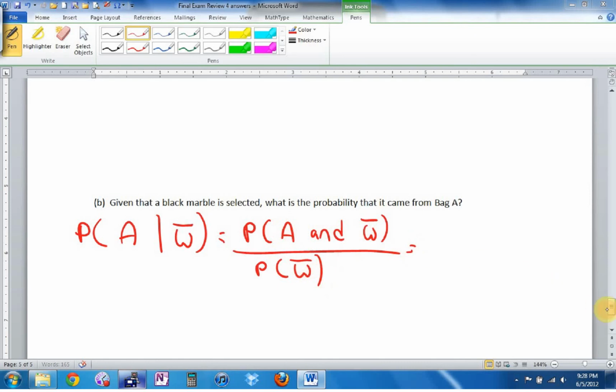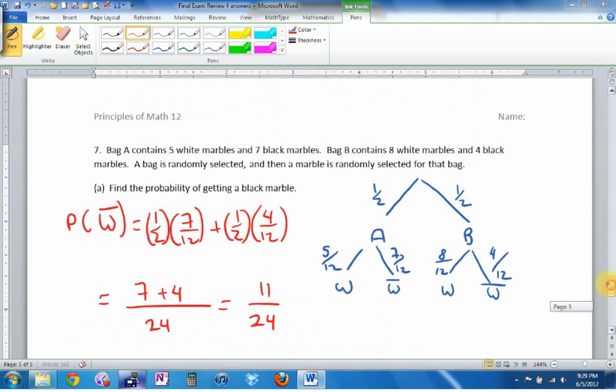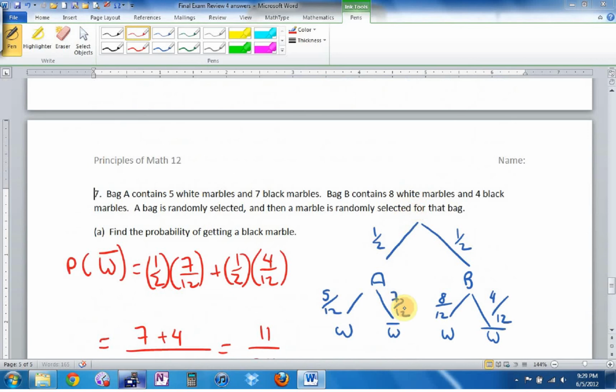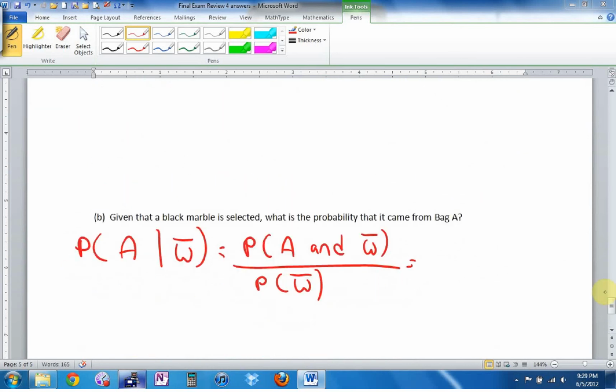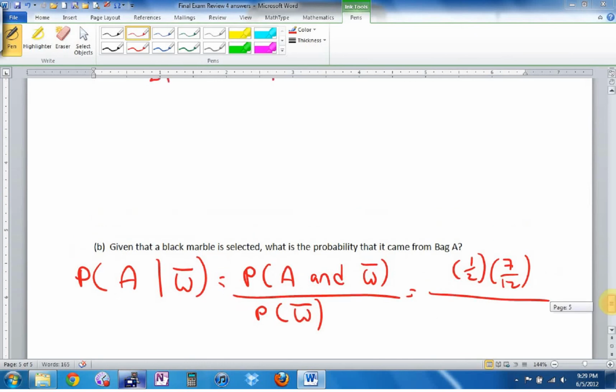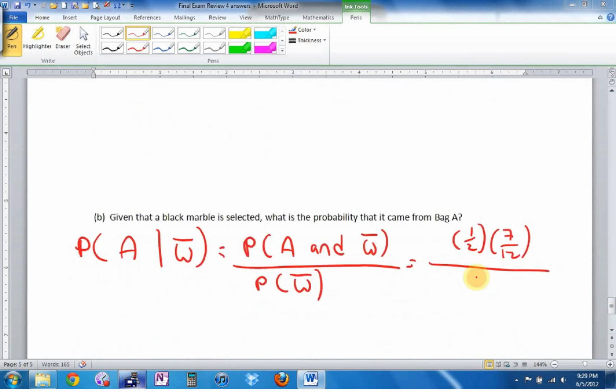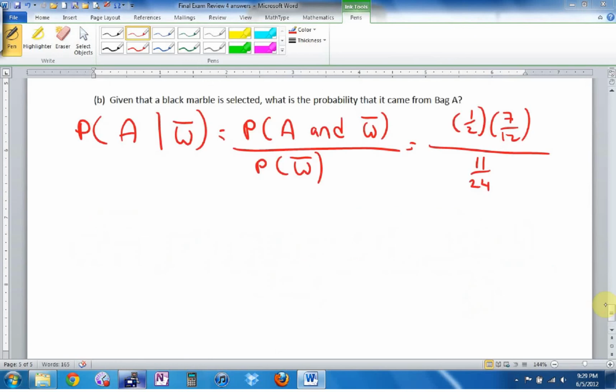A and black is that branch, 1/2, 7/12. Black, we actually just figured out. We said it was 11 over 24. Otherwise, I could calculate it.